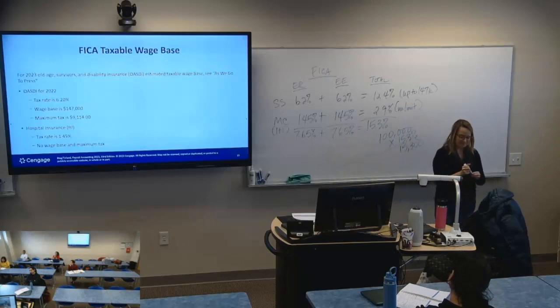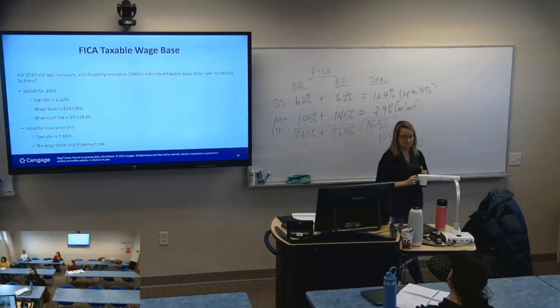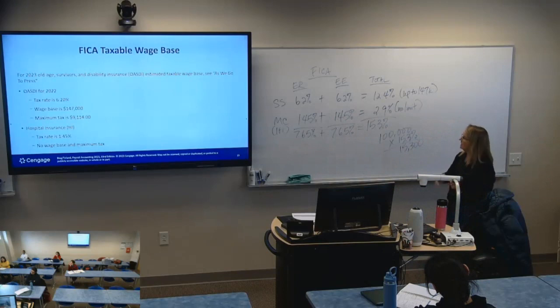Because as you'll see when we talk about FICA, the employer doesn't have any part in that. They only pay the wage or the payment. Okay, so these are the tax rates for FICA.